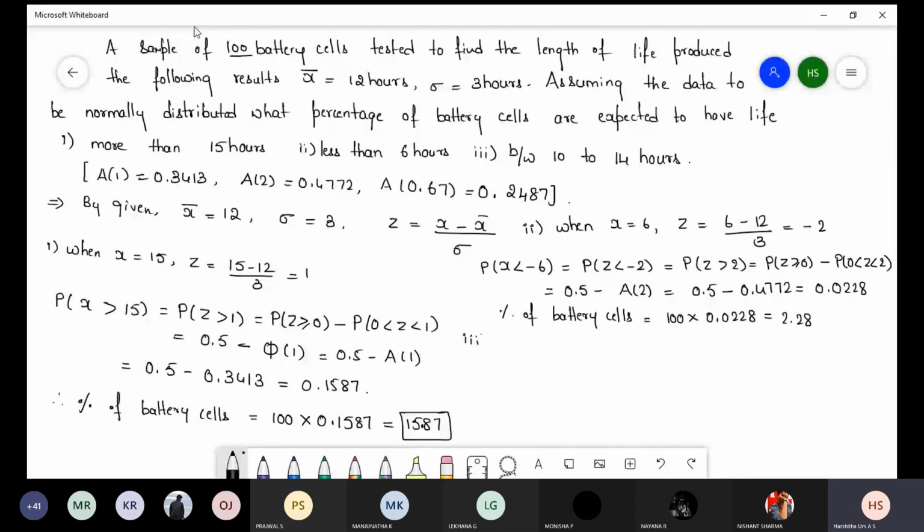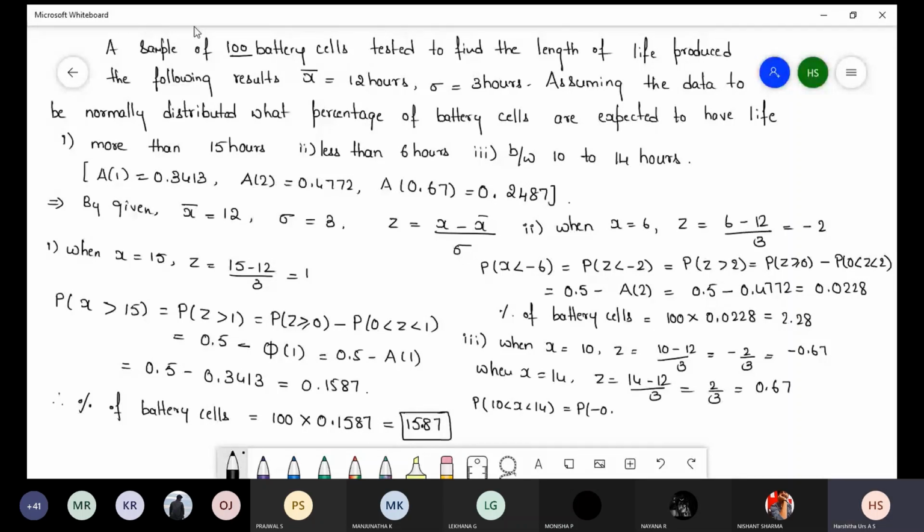Next, the third one. When x is equal to 10, z is equal to 10 minus 12 divided by 3, so minus 2 by 3 is minus 0.67. When x is equal to 14, z is equal to 14 minus 12 divided by 3, that is 2 by 3, equal to 0.67. So P of 10 less than x less than 14 is equal to P of minus 0.67 less than z less than 0.67.